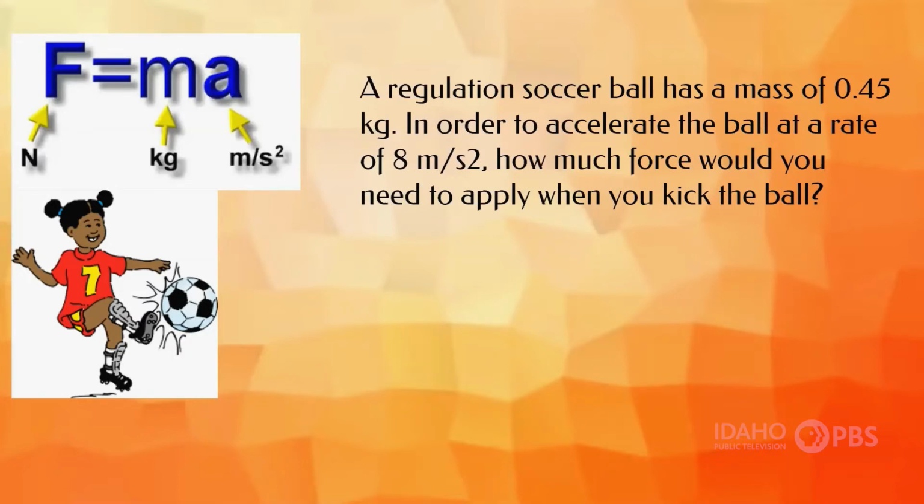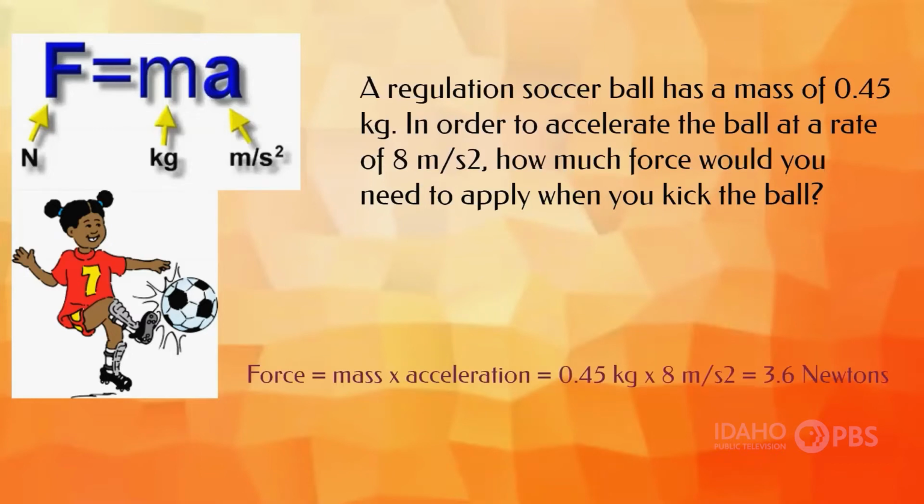We plug the numbers into the formula, where force is equal to mass times acceleration. So our mass is 0.45 kilograms times 8 meters per second squared, and that is equal to 3.6 newtons. Now remember, newtons with an uppercase N because of our friend Isaac Newton.